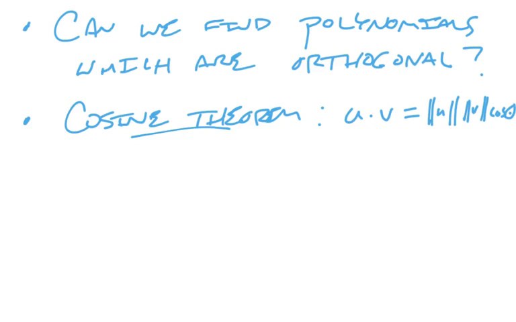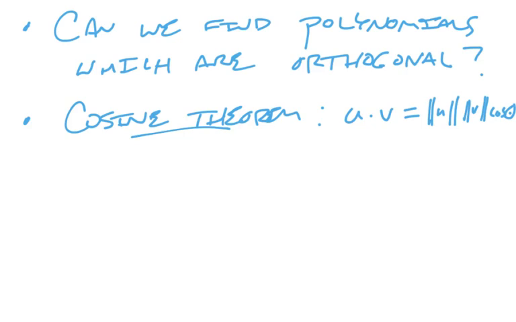Well, now that we are in a polynomial space, it is not as straightforward as just saying, get out your protractor or compass and measure the angles between things. What does that even mean?